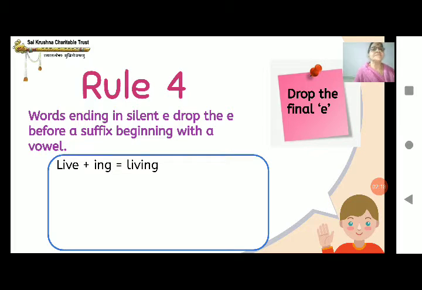I-N-G. What does the suffix begin with? A vowel. So, when the silent E at the end of the word is there, you drop the E and only continue with the ing. So live plus ing becomes living.